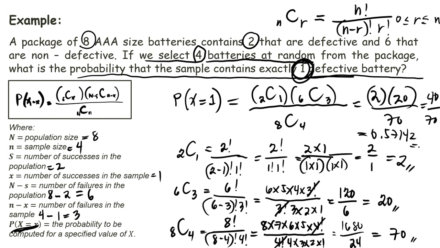So, final answer will be 57.14%. Okay? Yun po yung probability na yung sample po ay nagko-contain ng exactly 1 defective batteries.